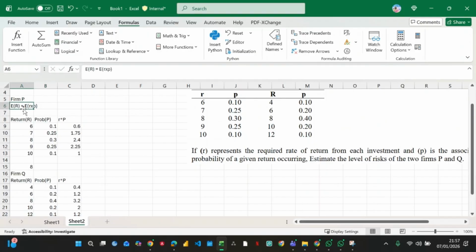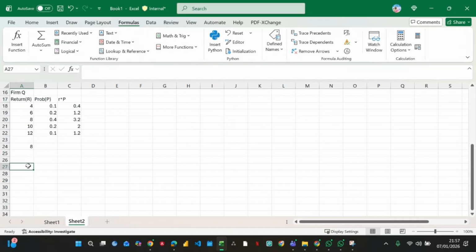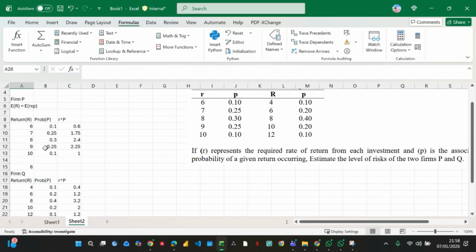Because what you have done here is the expected return, you have not estimated the level of risk. So now from here we are going to find the variance of P, which is the first one.